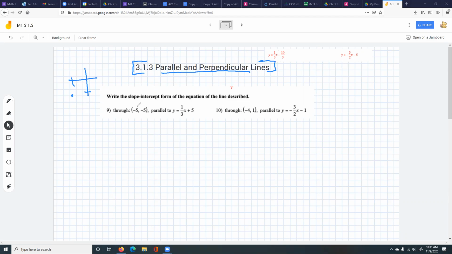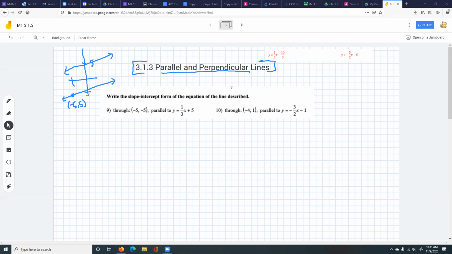It goes through negative 5, 5, and is parallel to the line that has this equation, 1/3 x plus 5. This line goes through 5 up here, and it goes up 1 over 3, like this. So I'm looking for a line that passes through this point, negative 5, 5, and is parallel to that line up there.